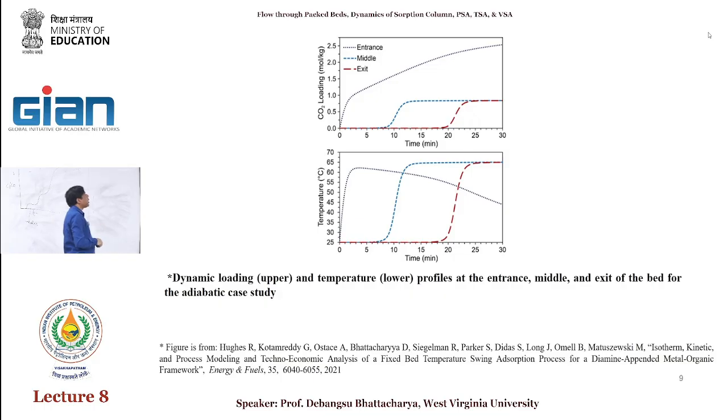Now, looking at this curve, can any of you guess why this shoots up and then slowly starts increasing? It's almost like a step, and then it slowly goes up. Exactly. You see the temperature increases first, and then the temperature drops.